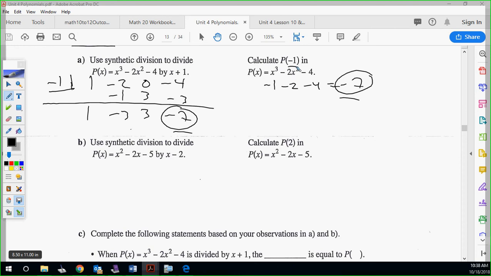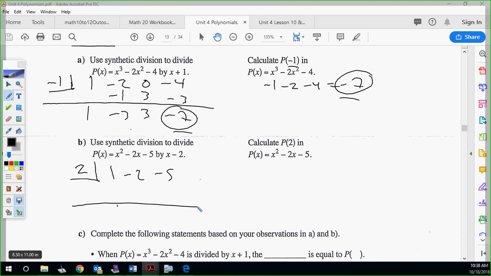So that one we got -239 in the notes. So we were at -239 in the original. That's our remainder. So let's try this one again. We got x - 2, so I'm doing 2. We got 1, -2, 0, -5. This one's straight. I don't have to worry about any extra zeros. It's 2, 1, 0.